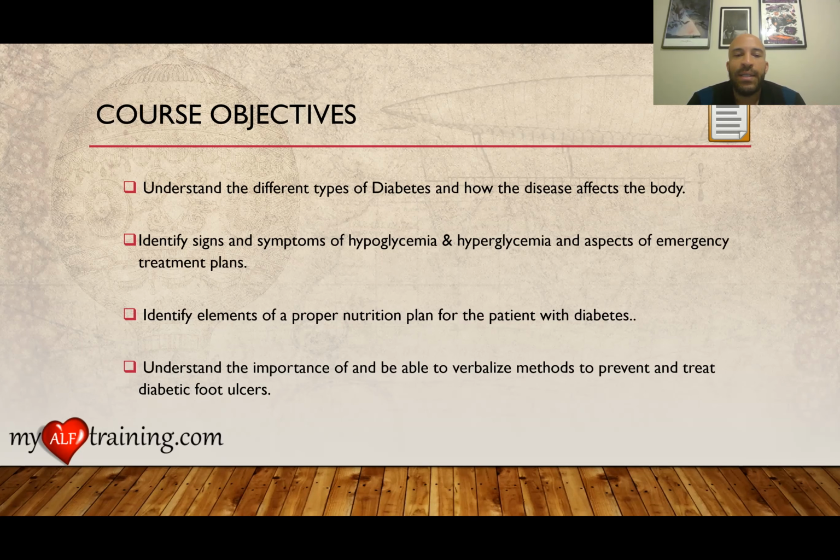So the body isn't just making that sugar, though; it's coming from the foods and the nutrition that the patient is eating. So we need to make sure that we're putting in the best foods for the patient, so that the insulin is maximizing its effects and keeping the sugar at the lowest level possible. And we will understand why that's so important later on in this presentation as well.